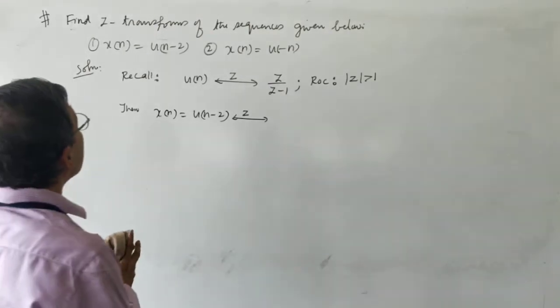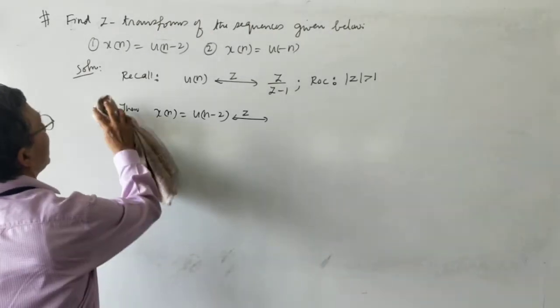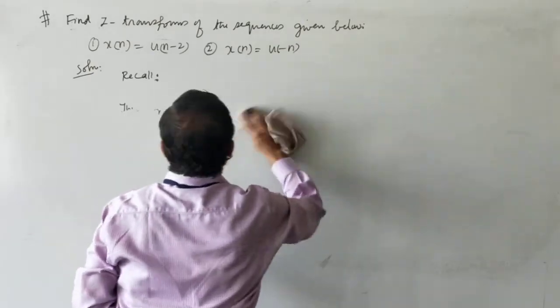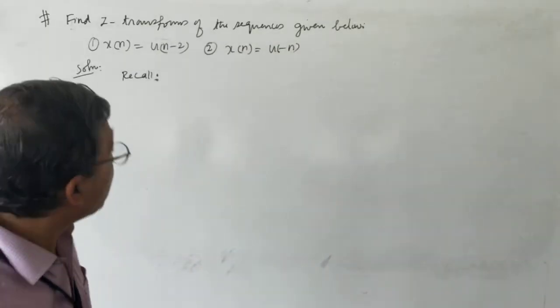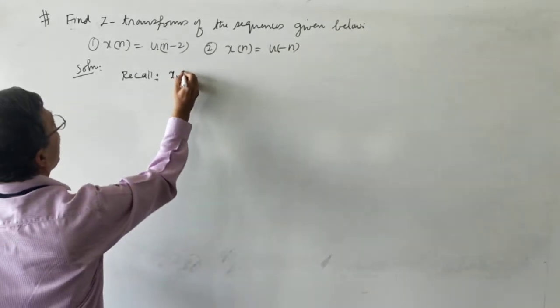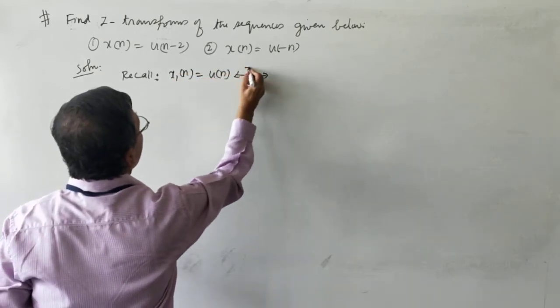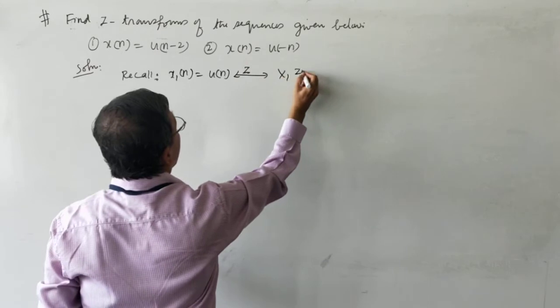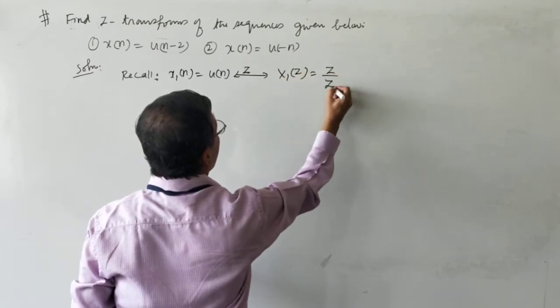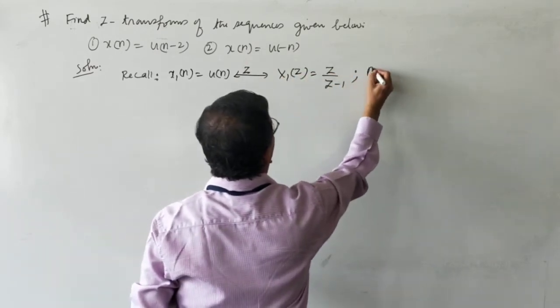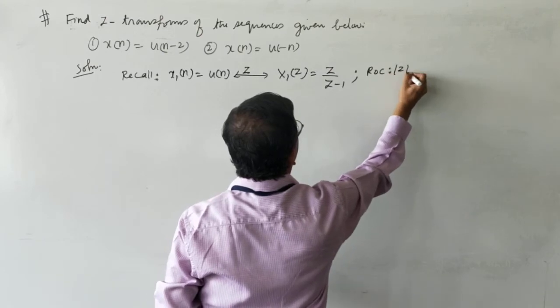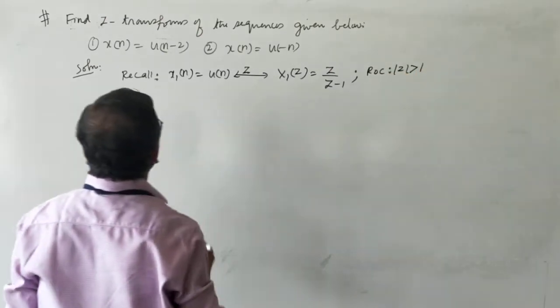Or I can teach you in a slightly different way. Please see, I'll make it simpler for you. Recall, x1 of n equal to u of n has a z transform x1 of z equals z by z minus 1. ROC mod z greater than 1.